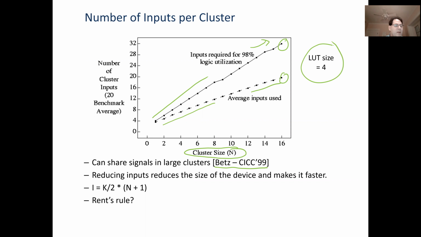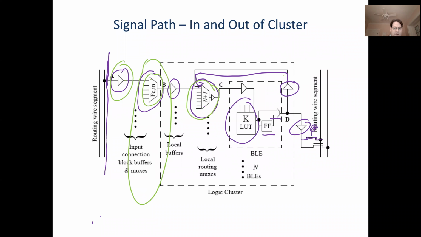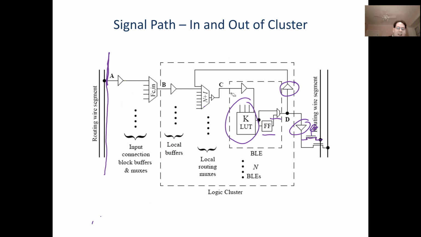And the reason we can do this is basically this local interconnect. It allows us to share signals. We can bring a single signal in, like this signal, through that mux. Then this local routing allows us to take it into maybe this LUT, but this signal also goes to all these other muxes, so it can go to another LUT down here and so on.